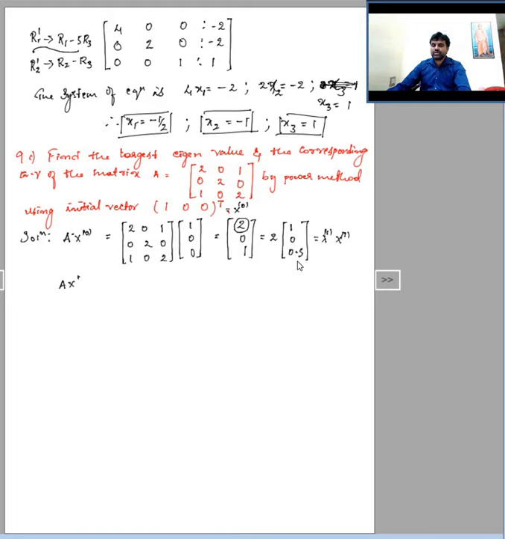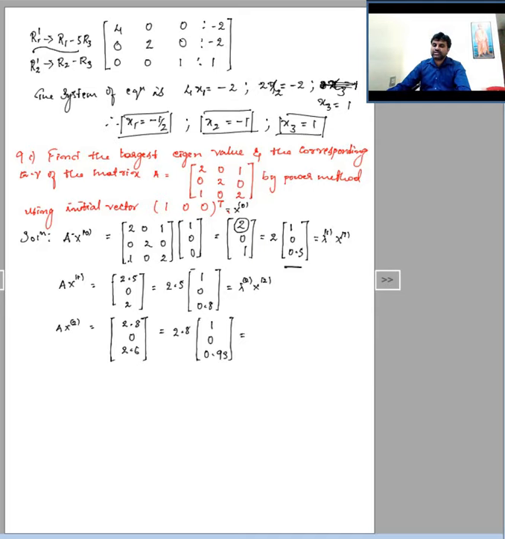Using this eigenvector 1, 0, 0.5, this vector is multiplied again with matrix A. So I am going to get Ax1 equal to 2.5, 0, 2. Out of that, 2.5 is the largest value. Take that out and get the eigenvalue and eigenvector. Again, do the iteration repeatedly until you get the approximate values.